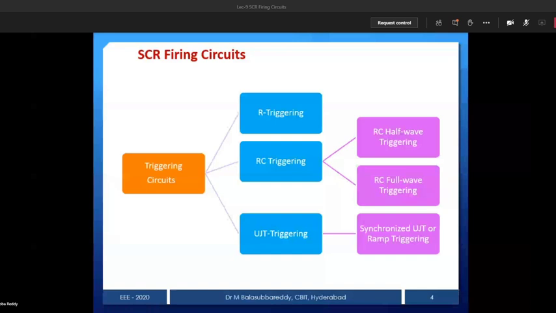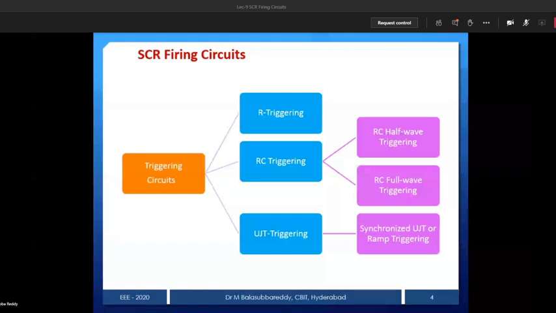But all these have their own drawbacks. Preferably nowadays, they don't use these types of methods. But why we are discussing this is just for understanding the basic concept of how the firing pulse is going to be generated. Later on, we have many latest firing circuit strategies used in practical cases.